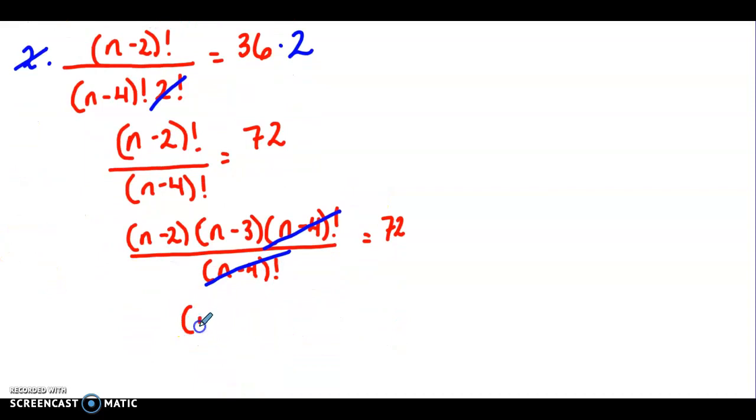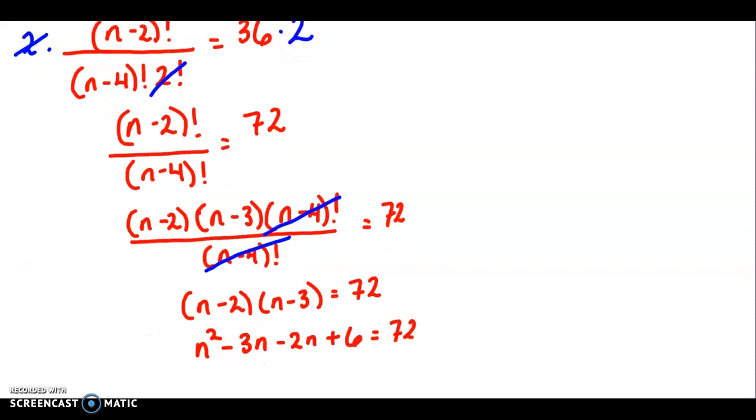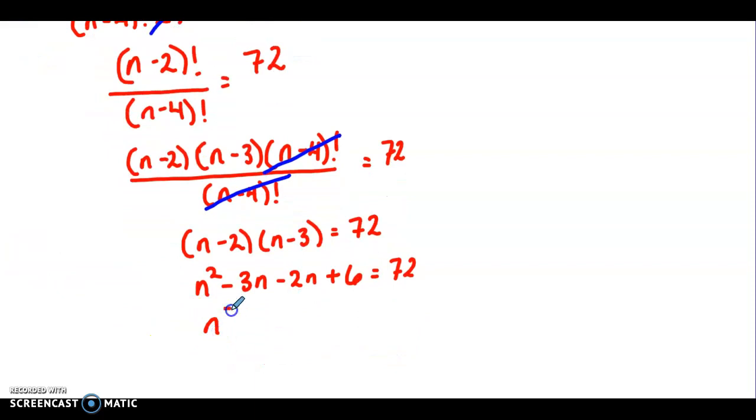So we have (n minus 2) times (n minus 3) equals 72. We need to FOIL this out. N squared minus 3n minus 2n plus 6 is 72. N squared minus 5n plus 6 is 72.